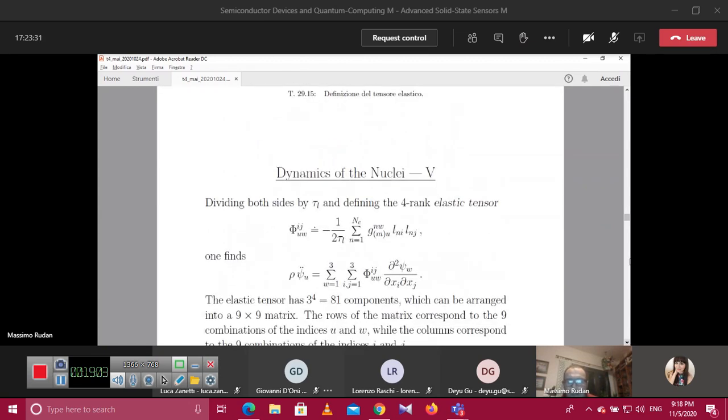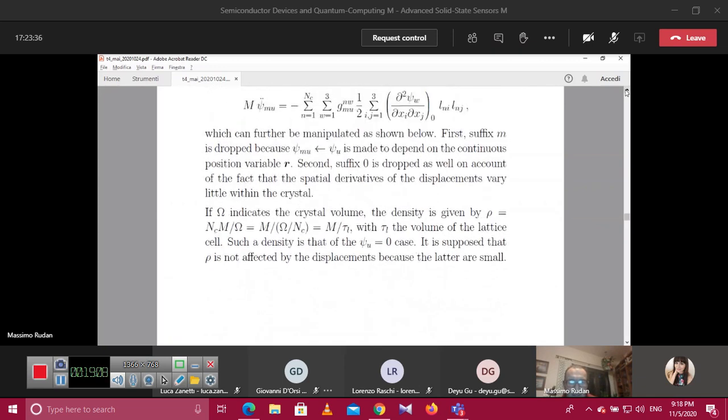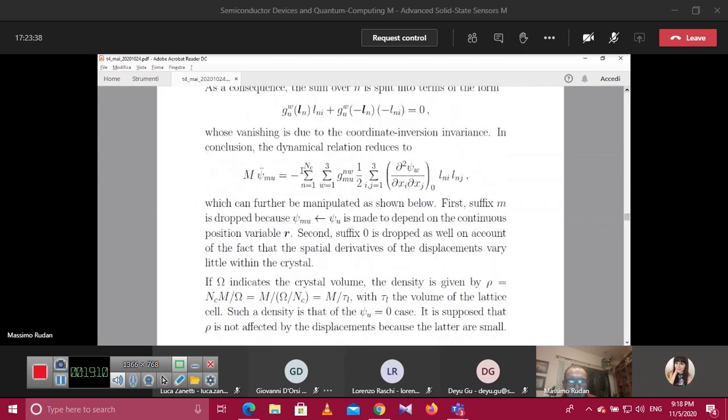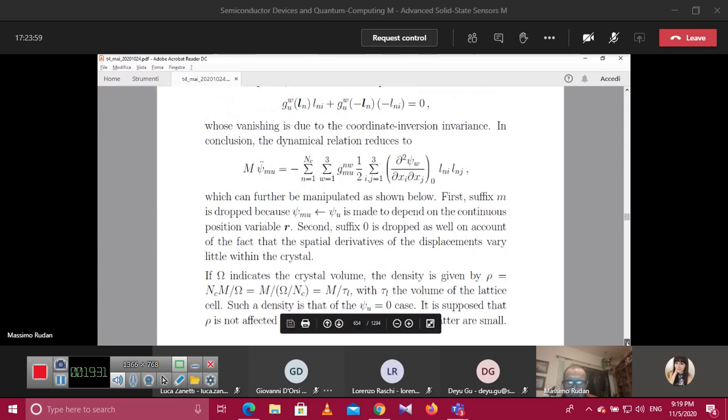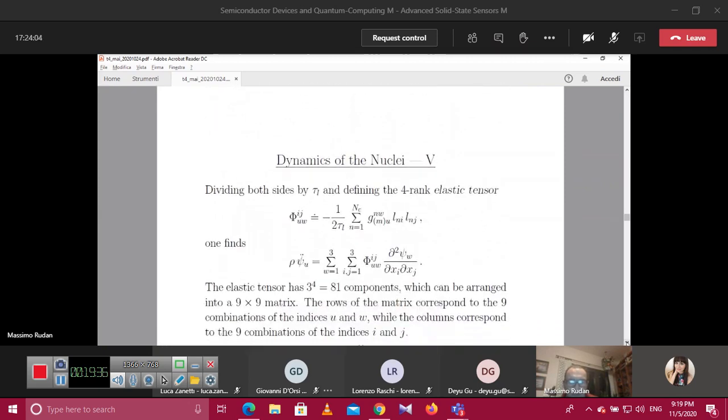Then we take these components of the lattice translational vectors, divided by tau, we also collect the 1/2 factor and then we collect the sum over the cell.